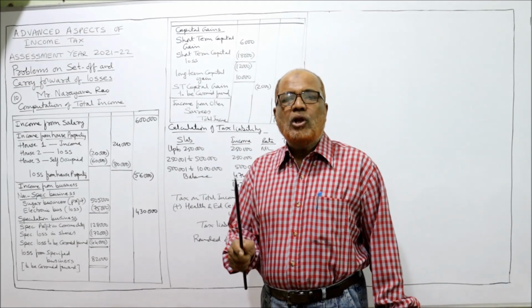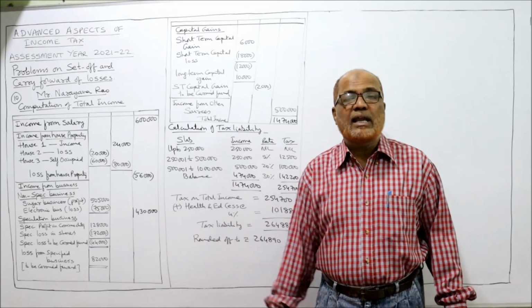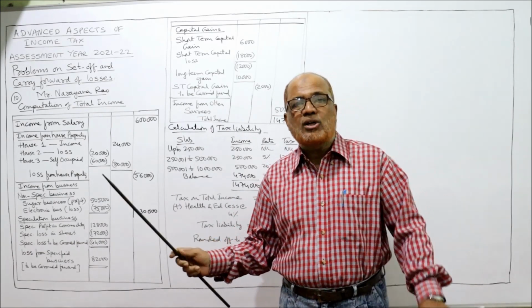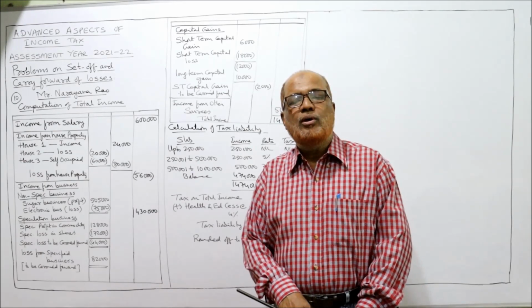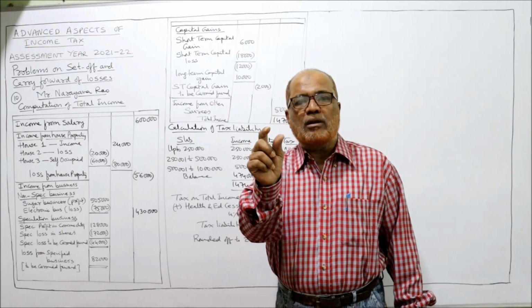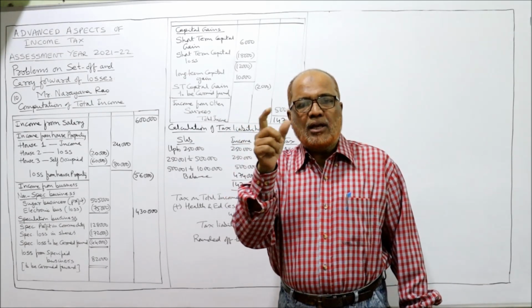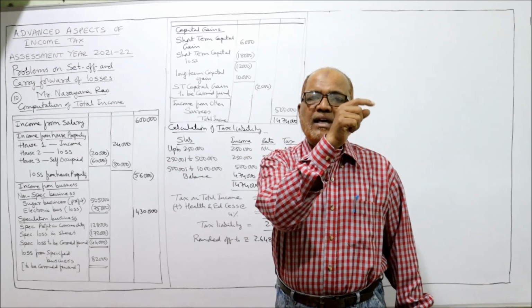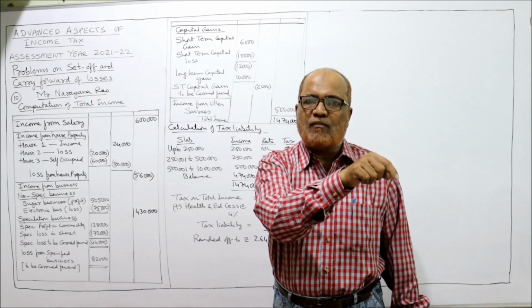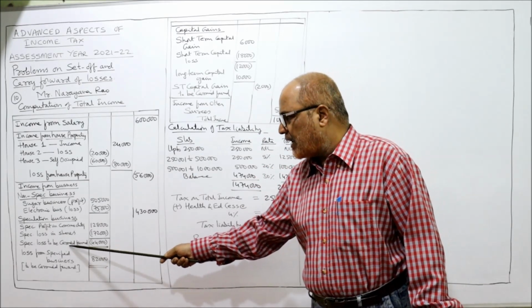So this net loss in speculation should be carried forward to the next year. It cannot be set off from any other income. Already, so many problems, every problem I told you. Loss in speculation cannot be set off from any other income. The loss will be carried forward to the next year, and in the next year, if there is any speculation profit, then only it will be deducted. So right now 44,000 carried forward.